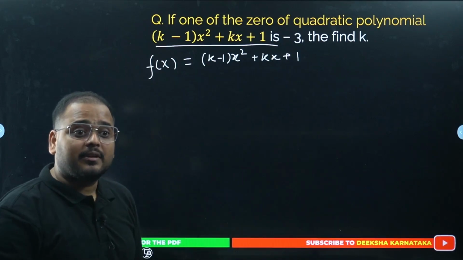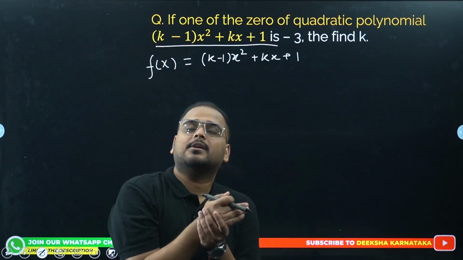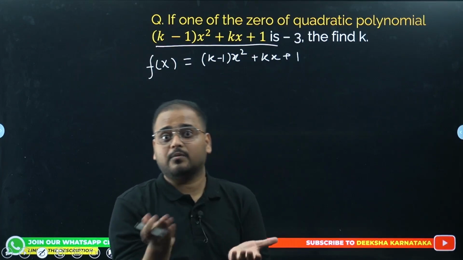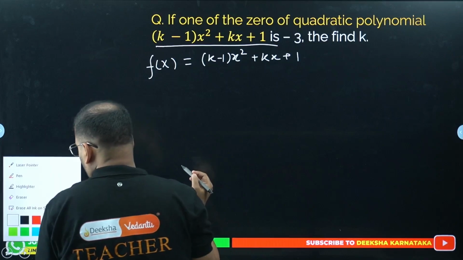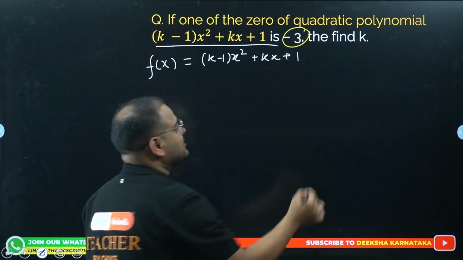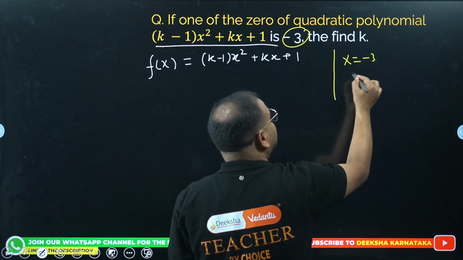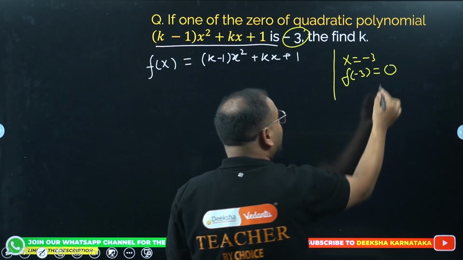Now a zero is given. What do we know about a zero? A zero is that value of x, sir, which makes the polynomial outcome equal to 0. So using this value minus 3 as x, I can say that if x is equal to minus 3, then f of minus 3 will be 0.